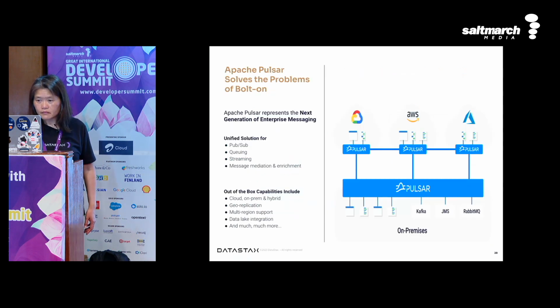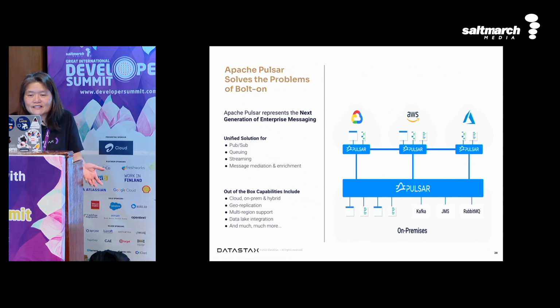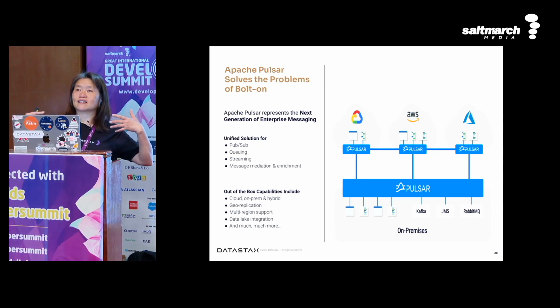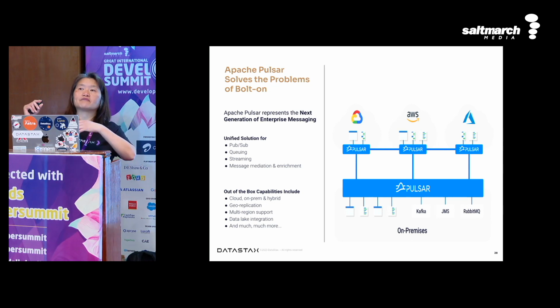Over here, it's conceptually telling you why you might want to consider using Apache Pulsar, because we're proposing it as a unified solution. If you want to do PubSub, it has PubSub messaging. It also supports queuing, and I'll quickly show you how you can use Pulsar for queuing by having a dedicated topic for only one subscriber.